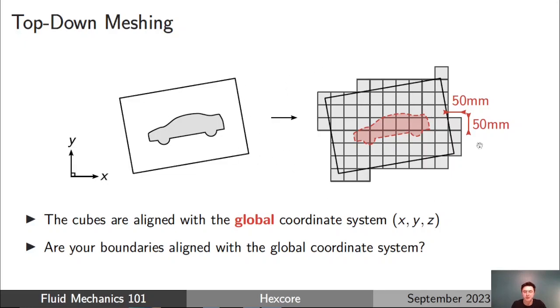So that's something to watch out for, and sometimes you can control and modify the orientation of the cubes in your Hexcore. And if you can't, one thing you can always do is mesh in a coordinate system where your car is aligned with the global axes, and then later, once you've done your mesh, you can rotate it using a meshing tool of some kind if you really want to get the orientation of those cubes in a particular direction.